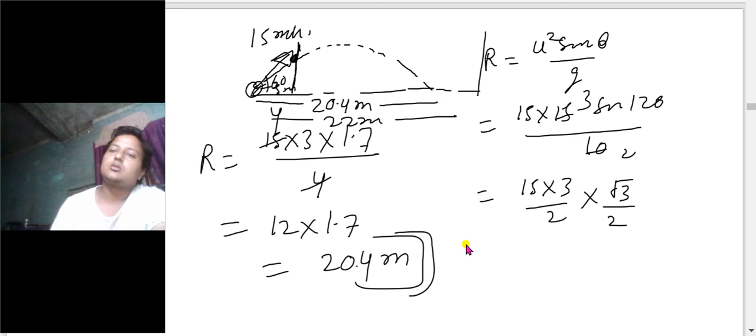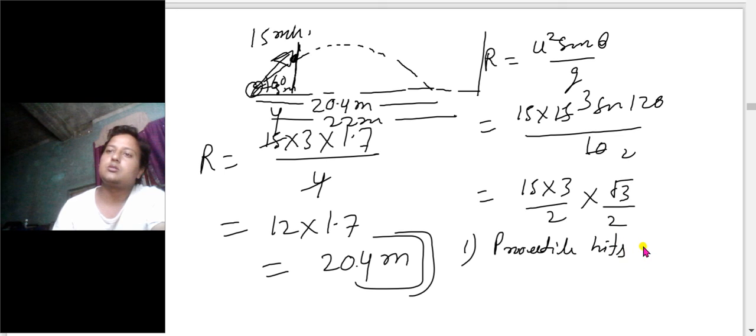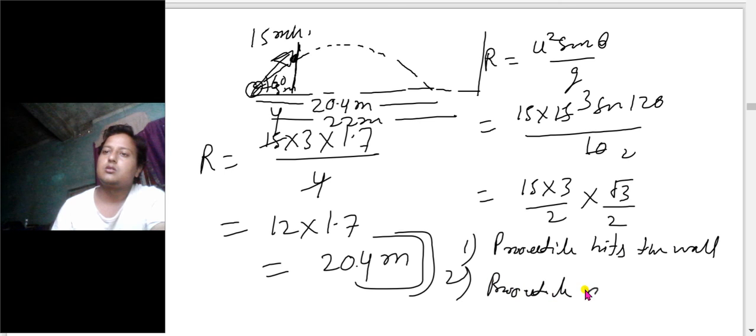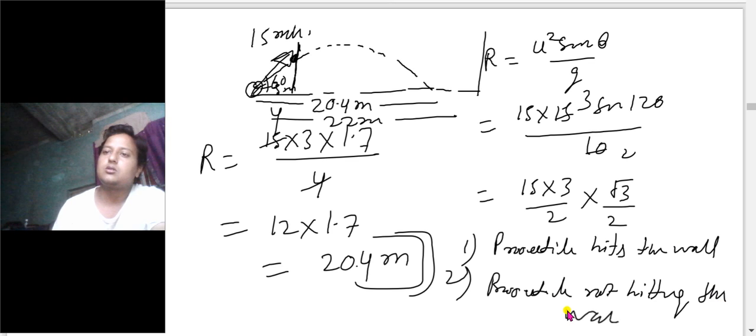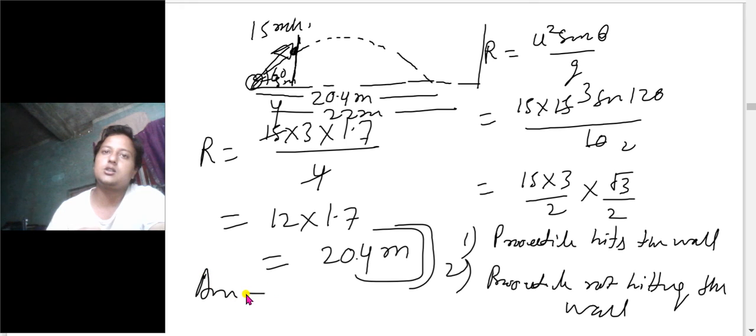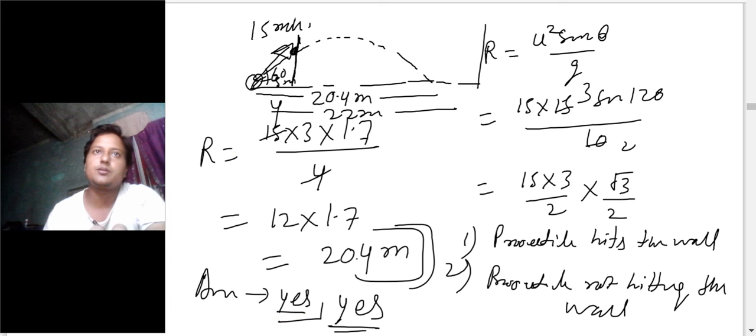So in the first part, the projectile hits the board, and in the second one, the projectile is not hitting the board. So our answer is what? Answer is yes, it will hit the board, and yes, the answer will differ. So both answers are yes.